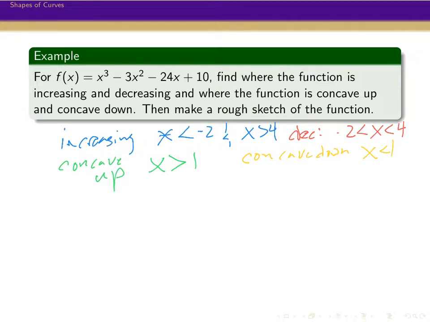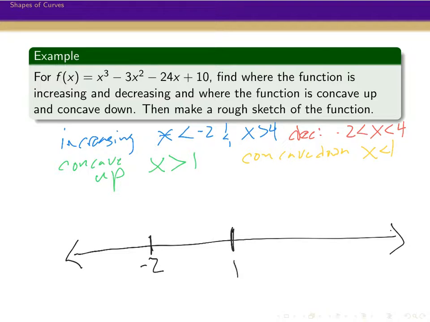So I'm going to think about the x-axis, try and plug all these points in here. So I have -2, 1 pops up, and 4 pops up.